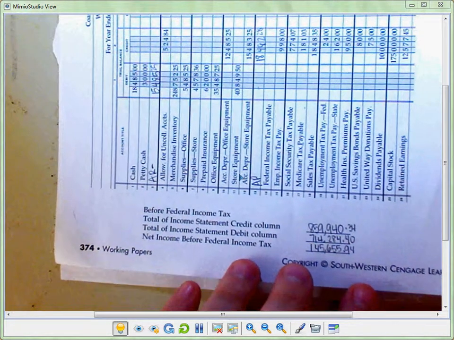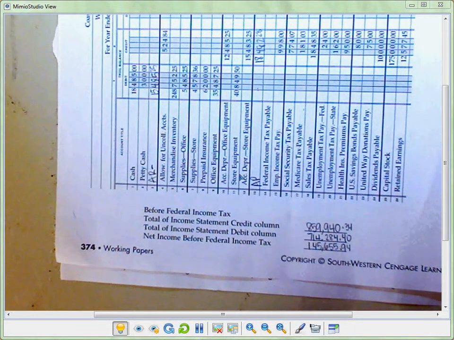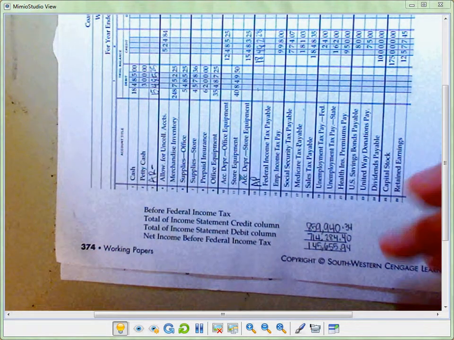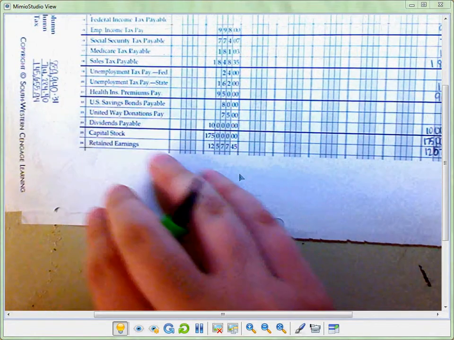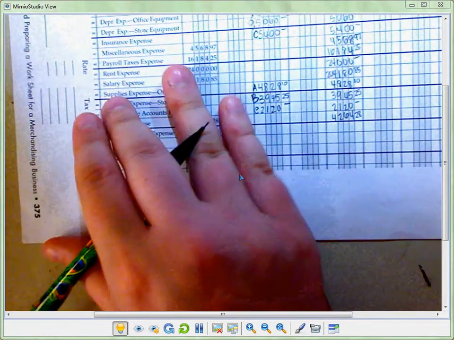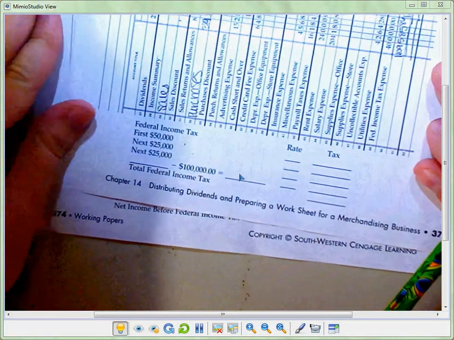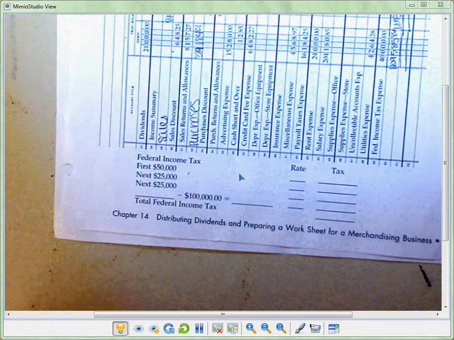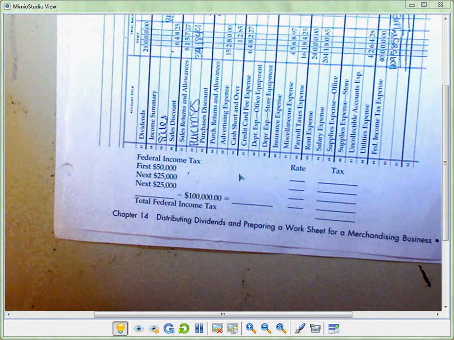So the next thing we're doing is using that pink tax table. We're going to calculate the federal income tax expense and record the adjustments. We have to look at the pink table, but then we need to be on page 375 and do what's on the side of that page. The first thing on that blank, below the next 25,000, we need to put the number you calculated from 374.